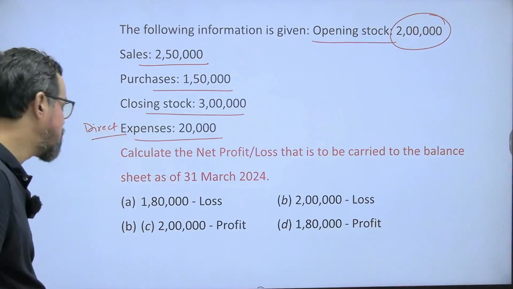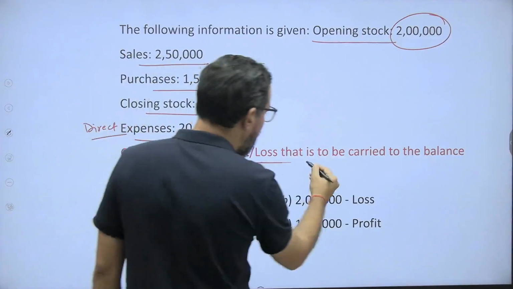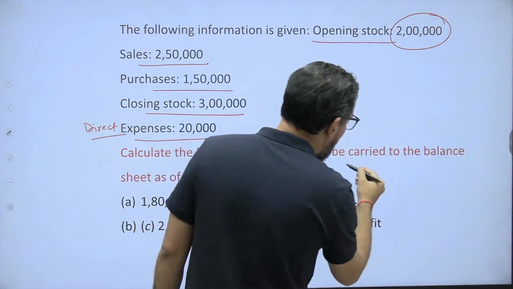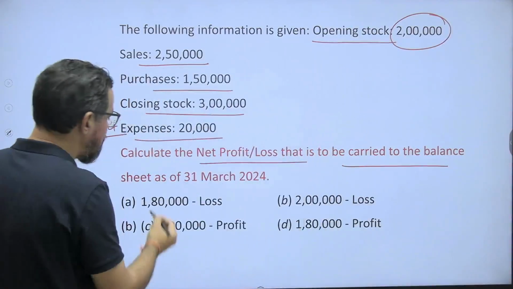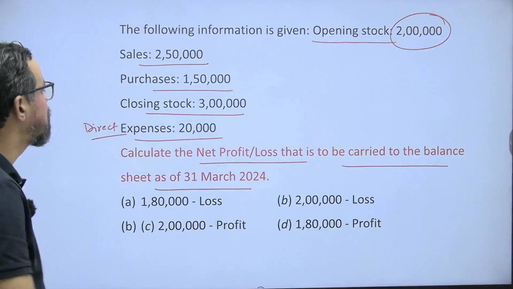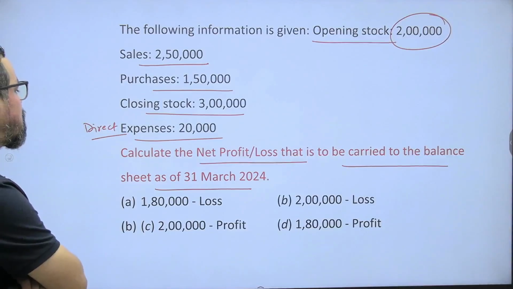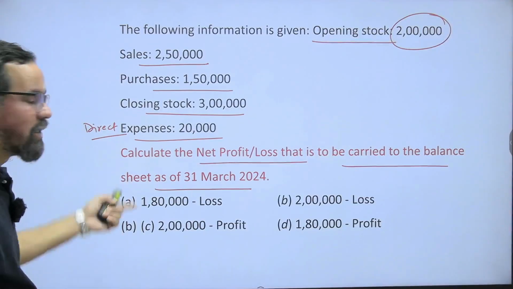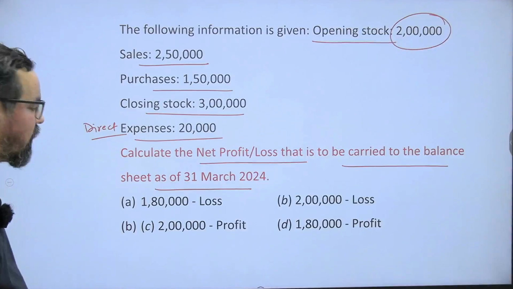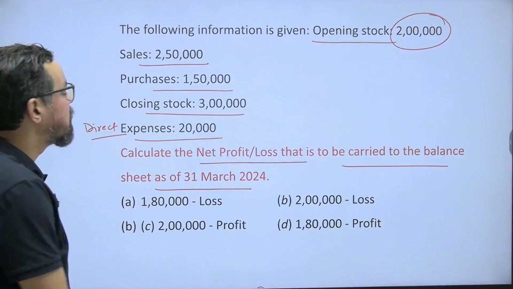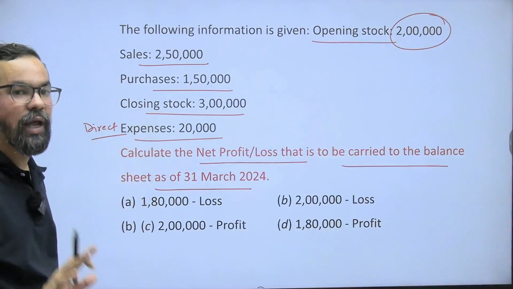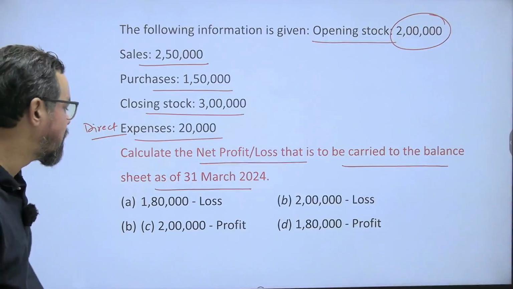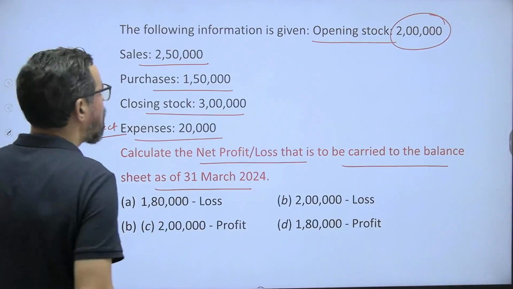Calculate the net profit or loss that we carry forward in the balance sheet. So sales, purchase, closing stock, direct expense. If you consider this as an indirect expense also, there will be no issue, because it would only make an impact if they asked you to calculate cost of goods sold.